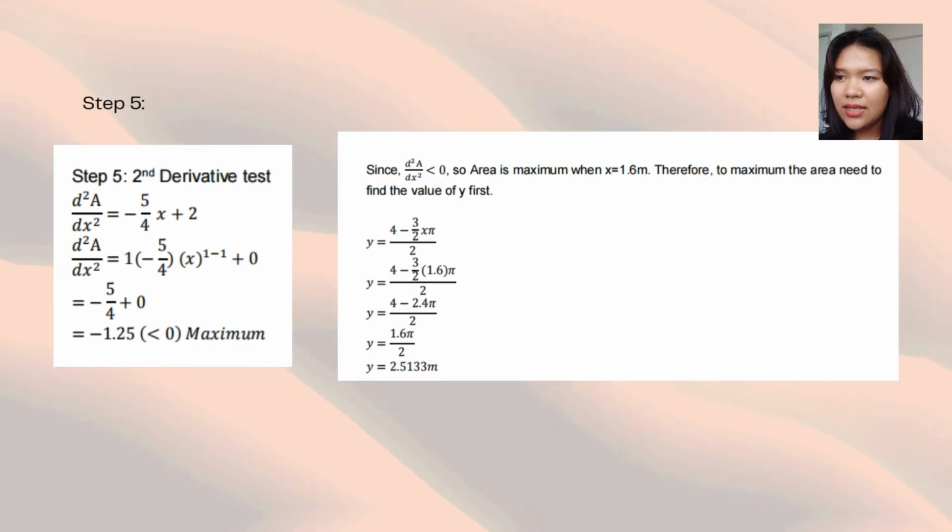Then we simplify the expression. It becomes y equals 4 minus 2.4, pi over 2, and y equals 1.6 pi over 2, and the final answer is y equals 2.5133 meters.